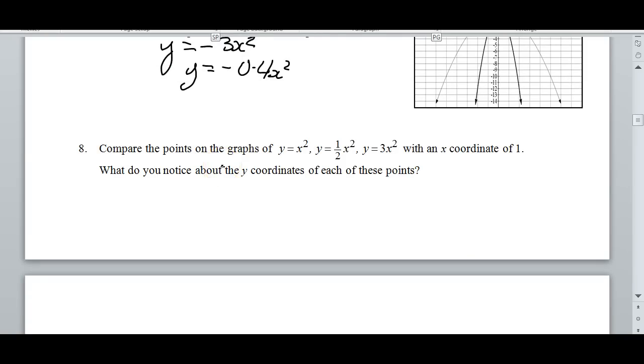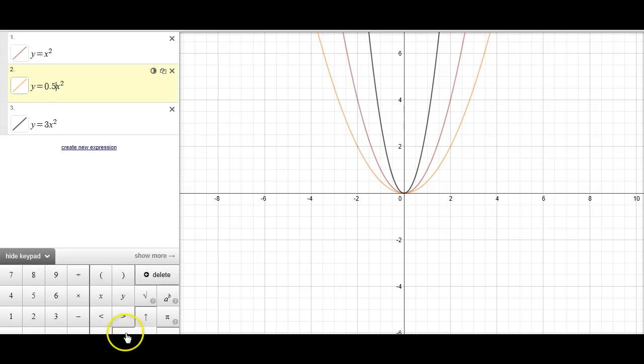Number 8, compare the points on the graphs of y equals x squared, y equals 1/2 x squared, and y equals 3x squared with an x coordinate of 1. What do you notice about the y coordinates? Okay, let's pop over to Desmos here. We have y equals x squared, which has the coordinate 1, 1. Y equals 3x squared has the coordinate 1, 3, and 0.5 gives us 1 and 0.5.